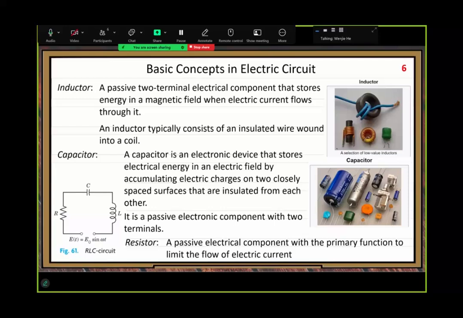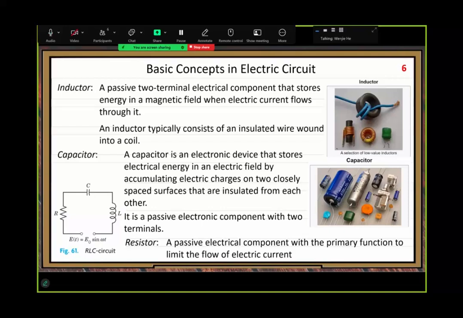A lot of electric devices have a certain amount of resistance. All right, measure. We'll talk about measurement in the next slide.